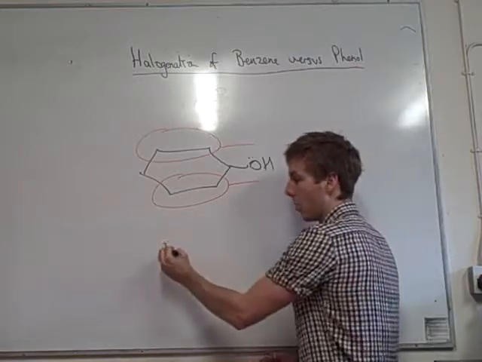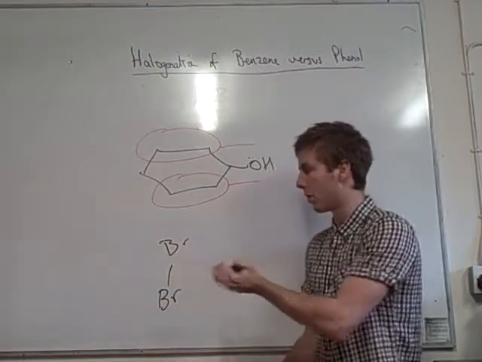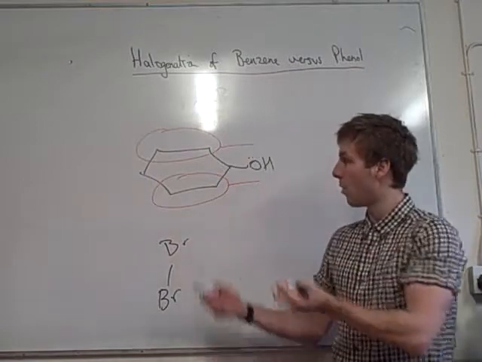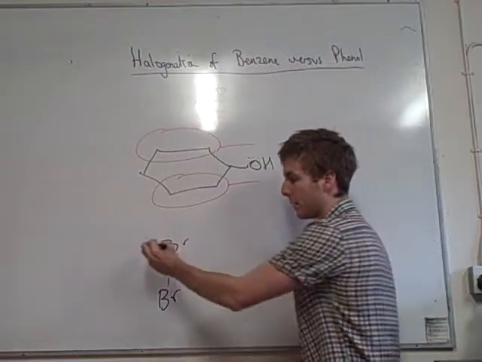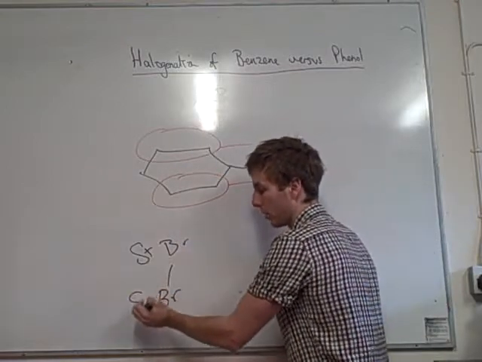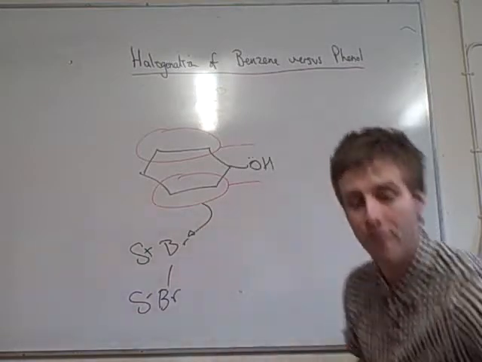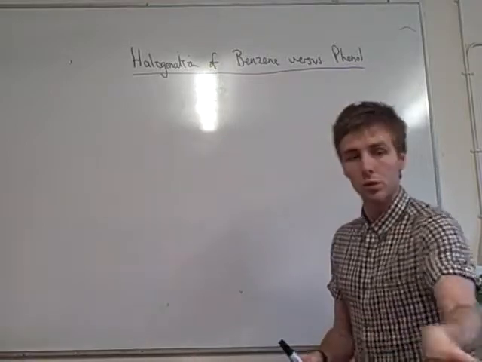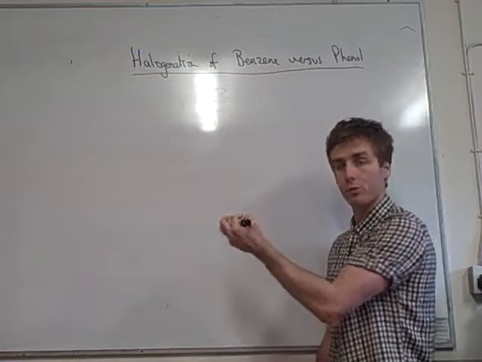So now, when my Br2 approaches, whereas before there wasn't enough electron density to induce a big enough dipole, now we've got these extra pair of electrons, making it more electronegative, so we do get a big enough dipole. And this can then be attacked by the benzene ring. And in fact, it's so good, rather than just reacting with one Br2, it reacts with 3.